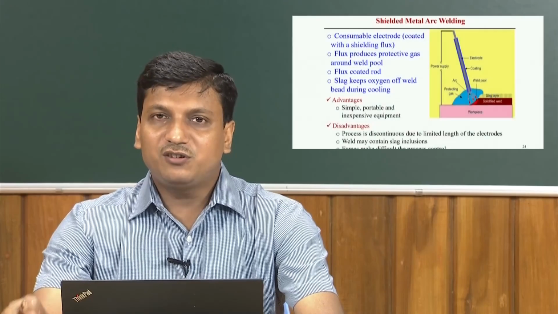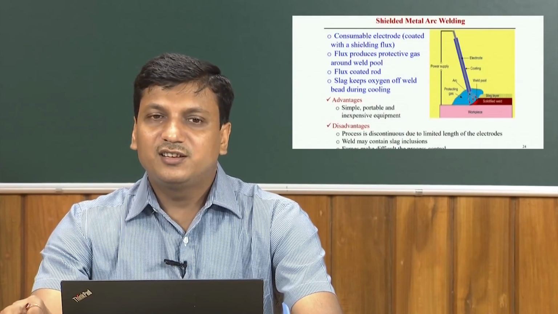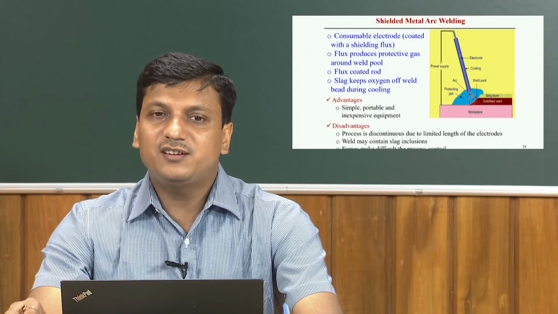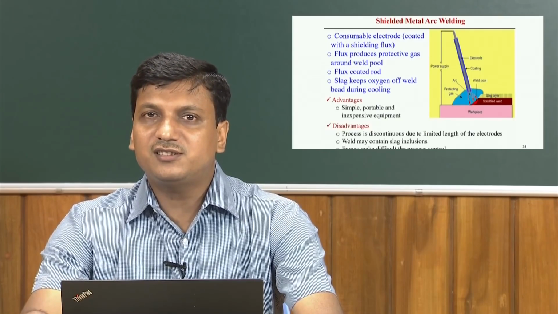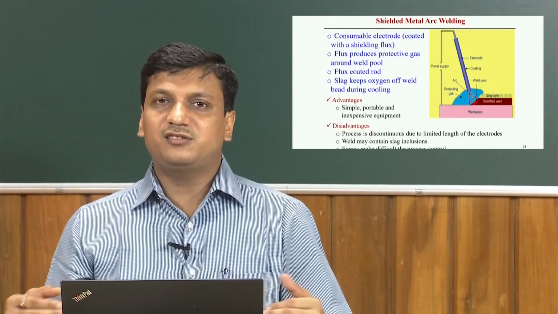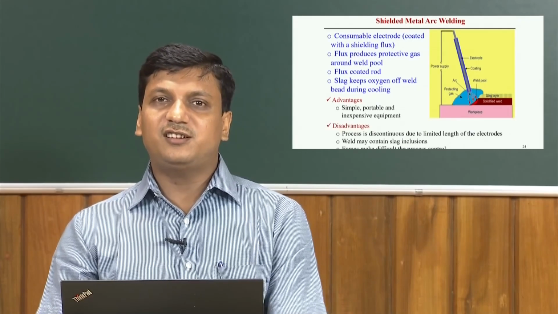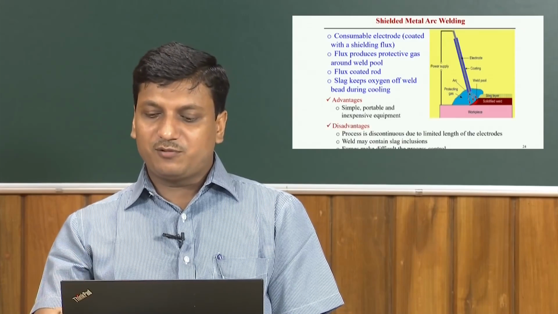Also, because the process creates a protective gas during welding, it is very difficult to control the process. So, in that sense this process is not converted to an automatic process, and that is why it is mostly used as a manual process.